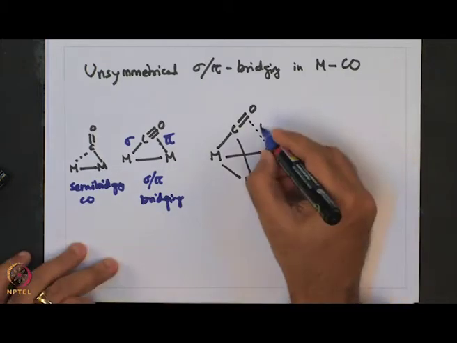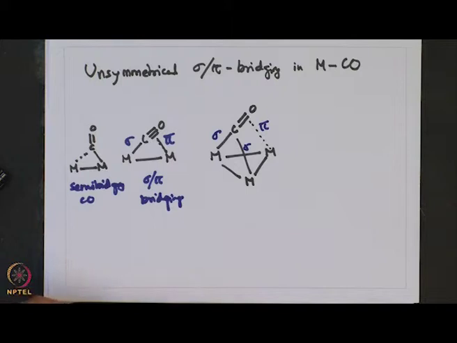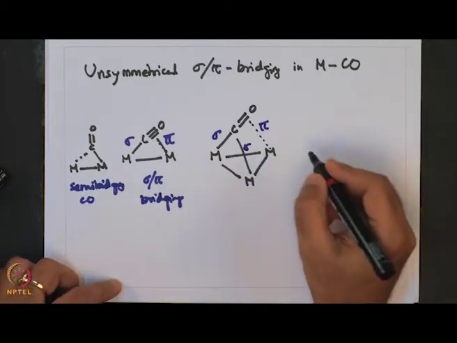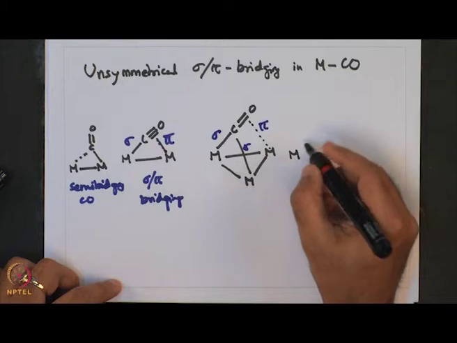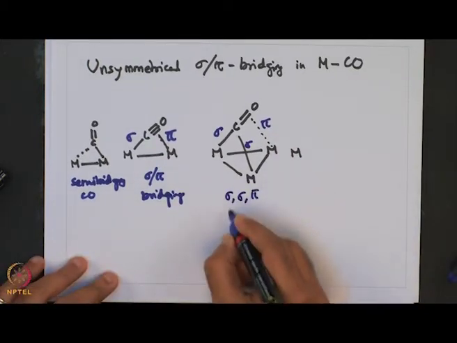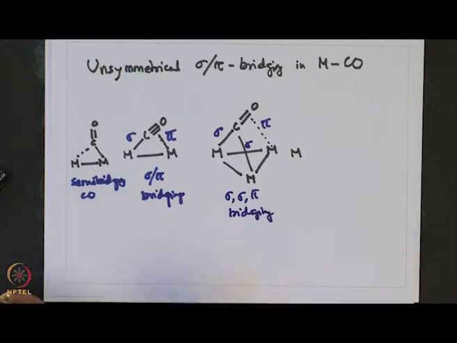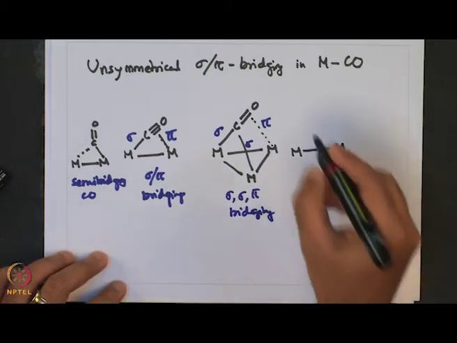Now, in this case, this is pi, this is sigma, and this is sigma. This is also bridging, now bridging over 3 metal centers. There is a variation of this, where this is sigma sigma pi.